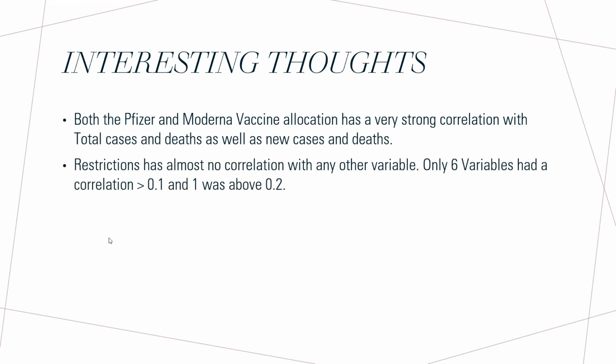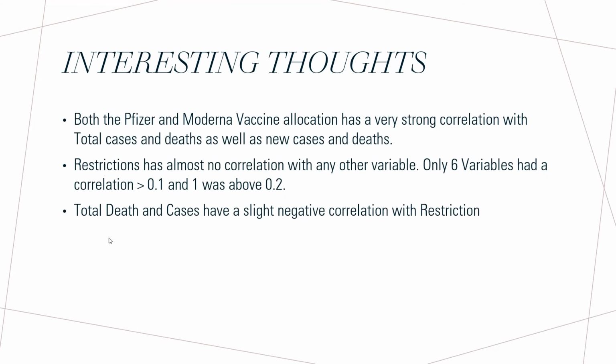Another thing was the restrictions, the dependent variable, had almost no correlation with any other variable. There are 13 in total. Also, total deaths and cases have a very slight negative correlation with restriction. So if you were to just look at it, you could say that tighter restrictions do lead to lower deaths and cases.